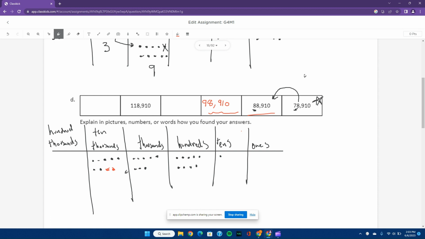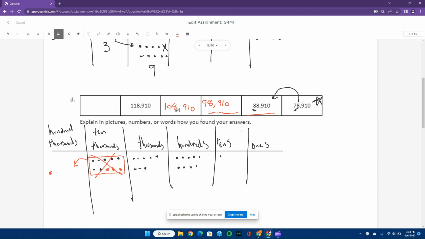Another one would make 10 10,000s, and I could regroup 10 10,000s for one of the next largest place value, which would be 1 in my 100,000s place, no 10,000s, to make 108,910.